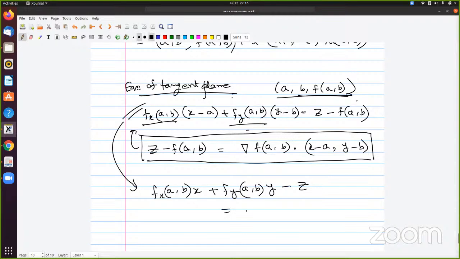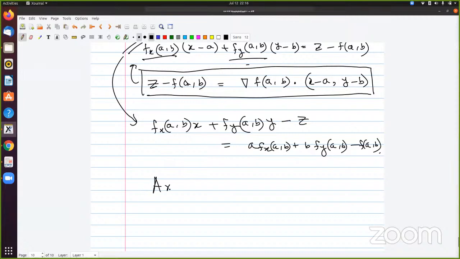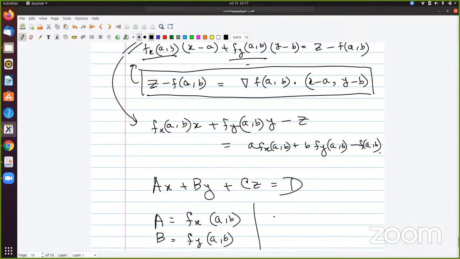So it equals a fx(a, b) plus b fy(a, b) minus f(a, b). This is the tangent plane we are talking about. You know any plane in R3 will look like ax plus by plus cz equals some constant d. So here your a is this, your b is this, c is minus 1, and d is this whole constant.